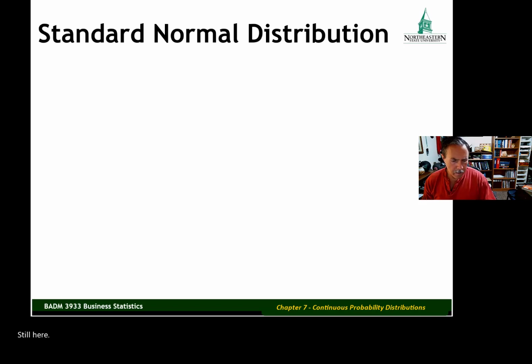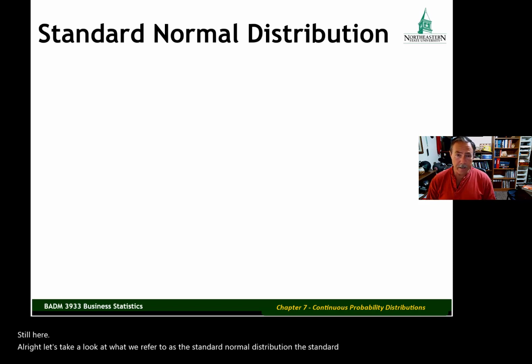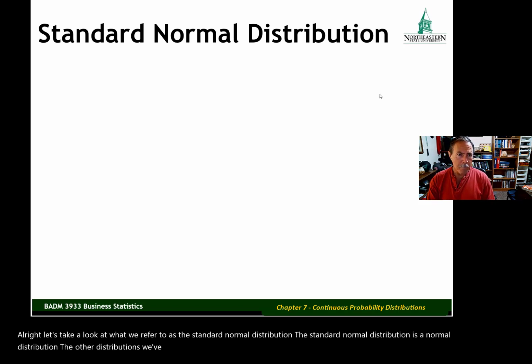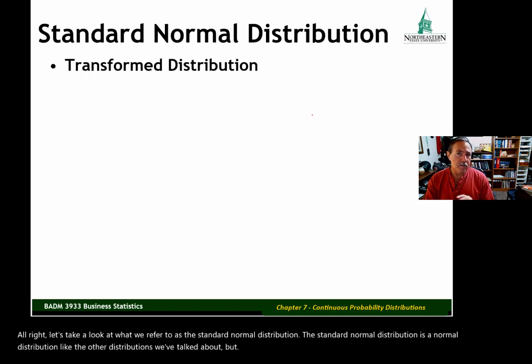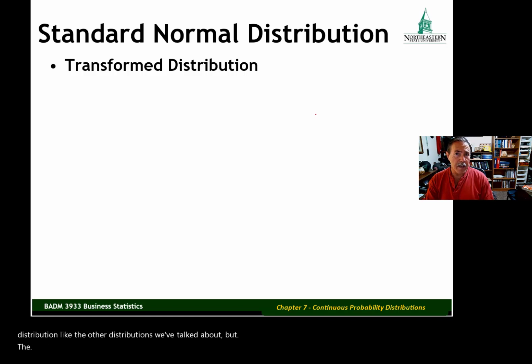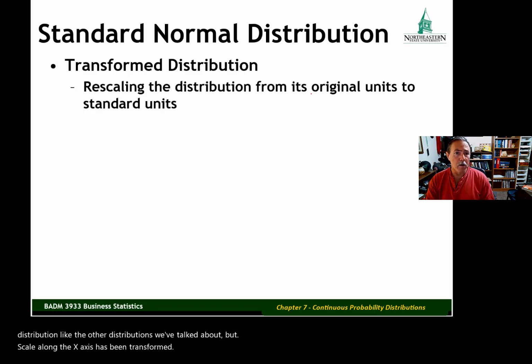Right, let's take a look at what we refer to as the standard normal distribution. The standard normal distribution is a normal distribution like the other distributions we've talked about, but the scale along the x-axis has been transformed, and we will also transform all of the values within our data distribution.